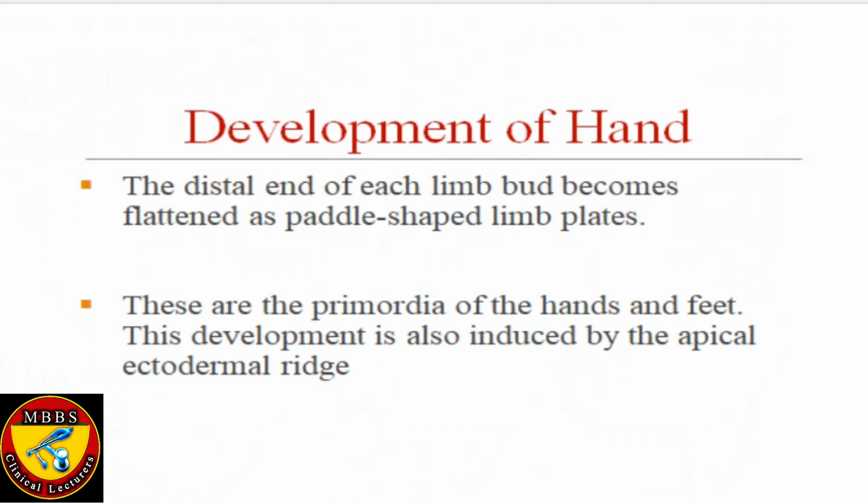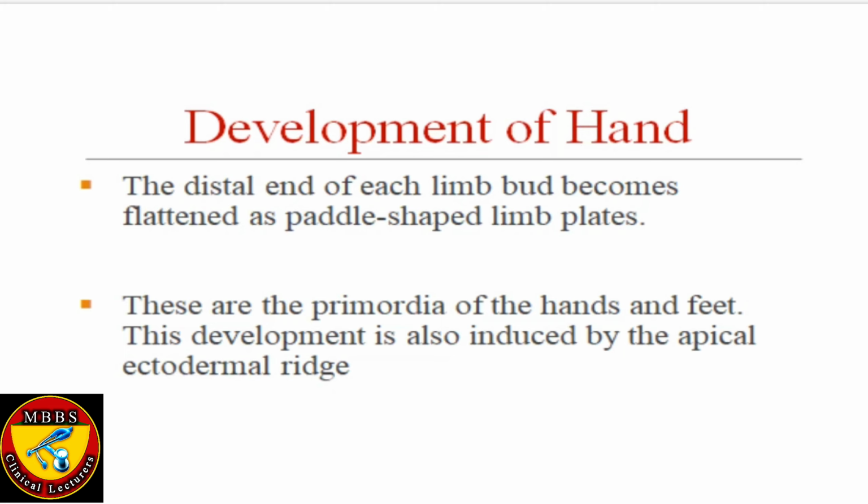Now, as the limbs develop, there's a development of the appendages as well, that is the hand and the foot. The distal end of each limb bud becomes flattened as the paddle-shaped limb plates. These are the primordia of the hands and the feet, and the development is also induced by the apical ectodermal ridge.